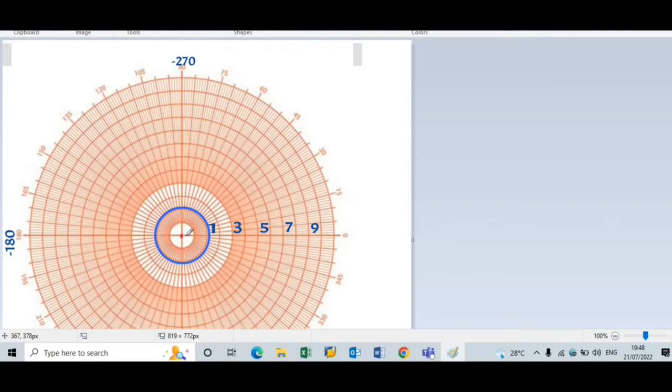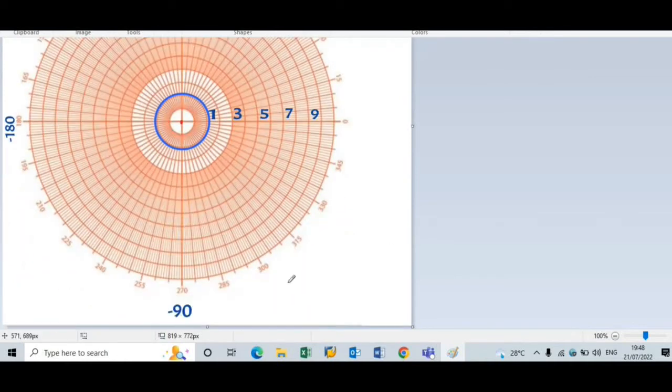The angle is minus 95 degree. Here the angle is minus 90 degree. Now each gap is 5 degree. So this line will represent the angle for minus 95 degree. For this minus 95 degree, we will select one point inside this 0.5, representing magnitude 0.1.